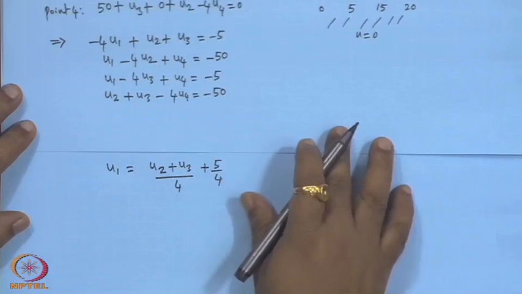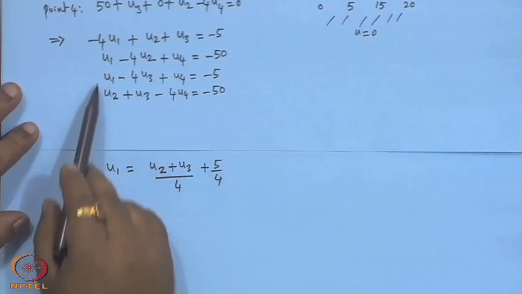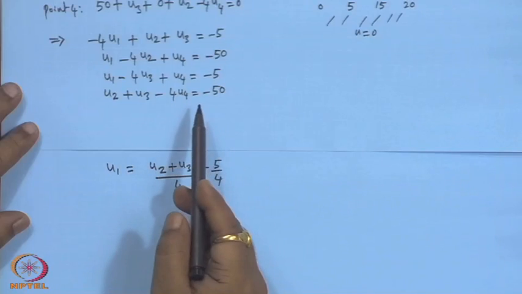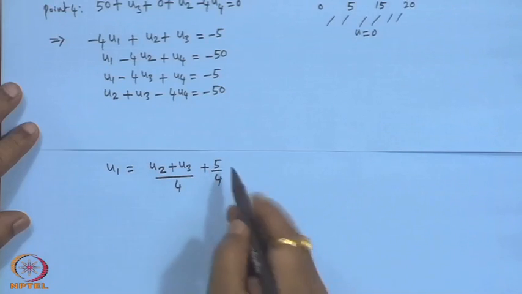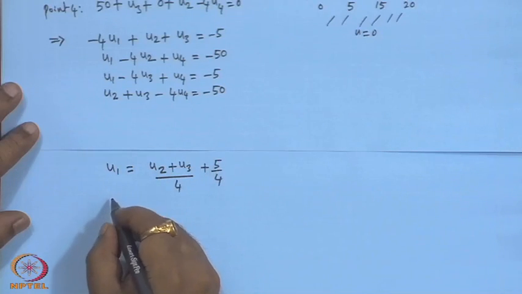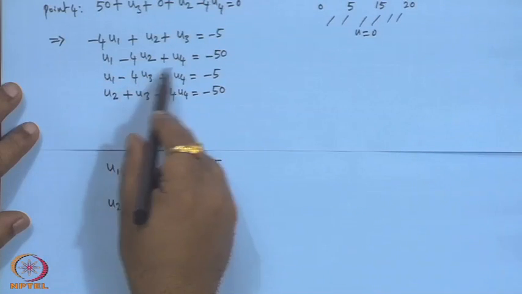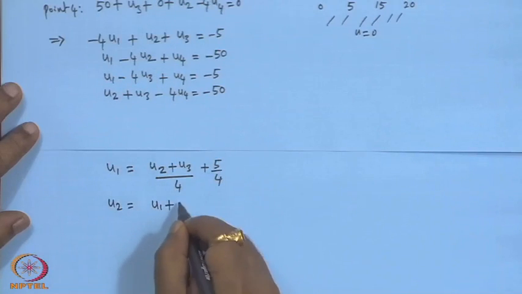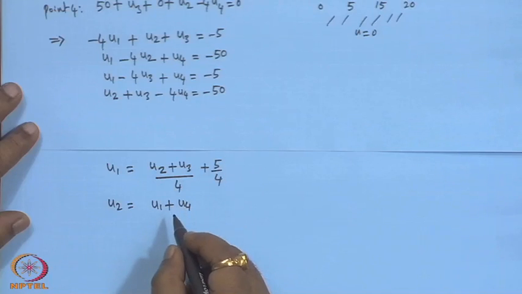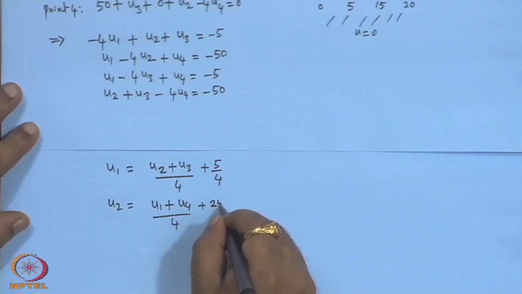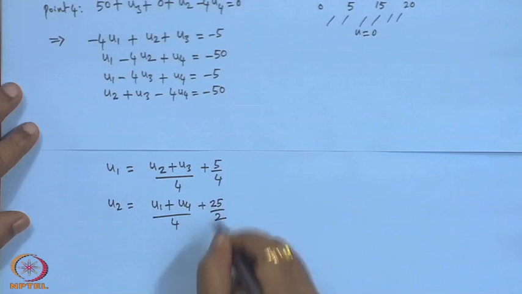You may realize when we put u 4, that is different. So, u 1 is done, then u 2 is, okay, plus 25 by 2.